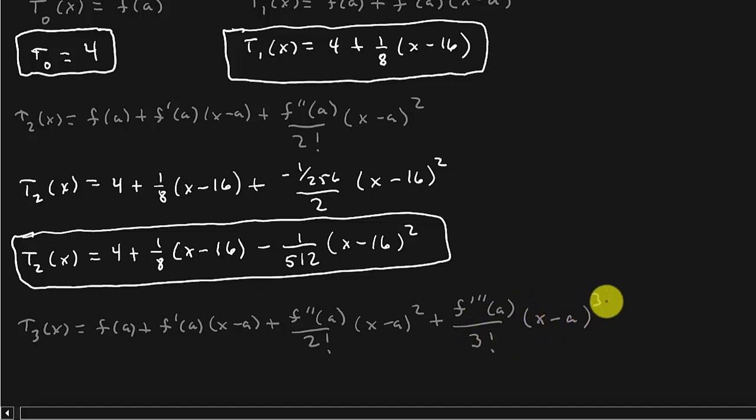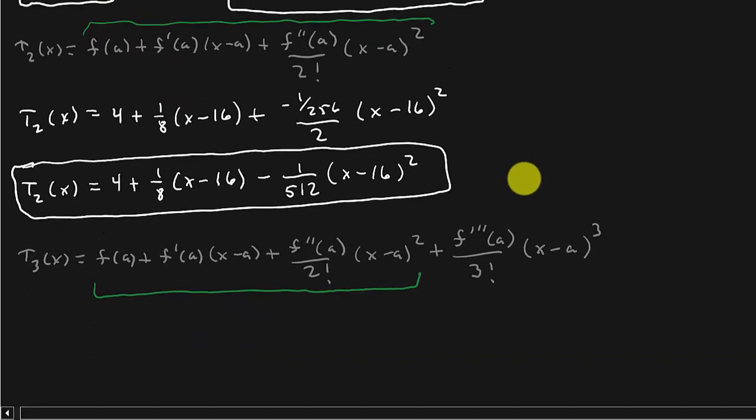All right, so basically, look at this. You see the first 3 terms here? That's just T2. See how this is the same thing as this. So I can just copy this down.